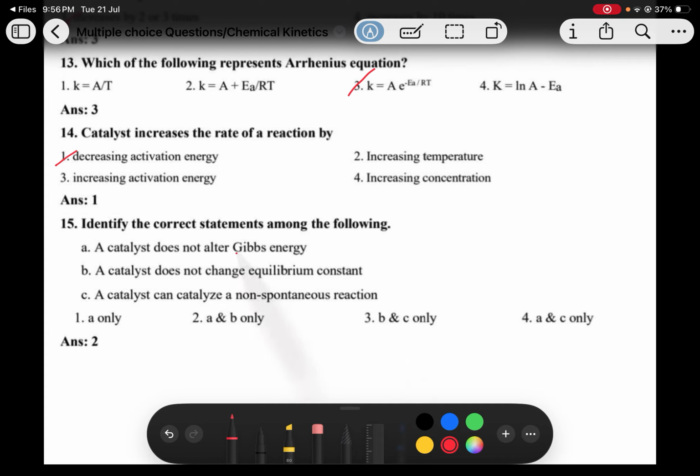Here, catalyst does not alter the Gibbs energy is correct. A catalyst does not change the equilibrium constant. It can increase both forward and backward reaction and attains the equilibrium in a short time. It cannot affect the equilibrium constant. So option 2 is the correct one.